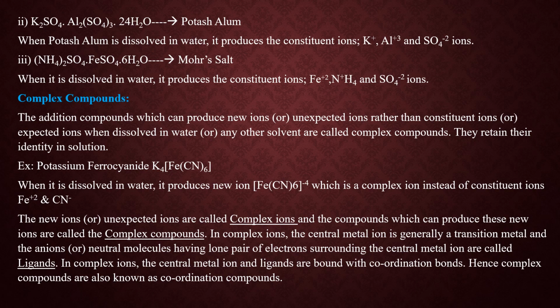And these new ions are called complex ions. In complex ions, the central metal ion is generally a transition metal, and the anions or the neutral molecules which possess lone pair of electrons surrounding the central metal are called ligands. The central metal ion and the ligands are bound with coordination bonds. Hence complex compounds are also known as coordination compounds.